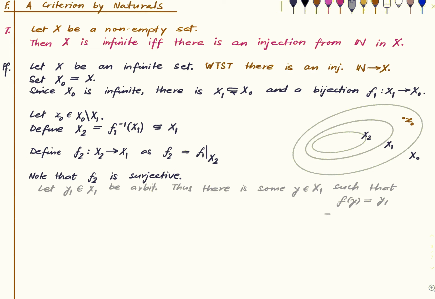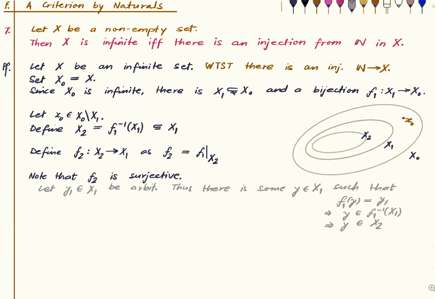This implies that little y lies in F1 inverse of X1 because y1 lies in X1. Therefore, little y lies in X2 because F1 inverse of X1 is by definition X2. Whenever I said f, I meant F1. So this means that y lies in X2.